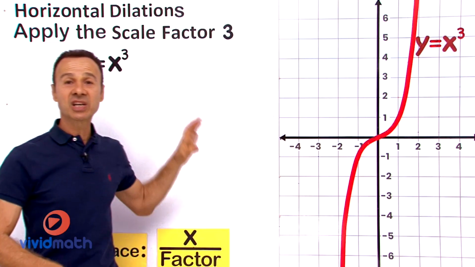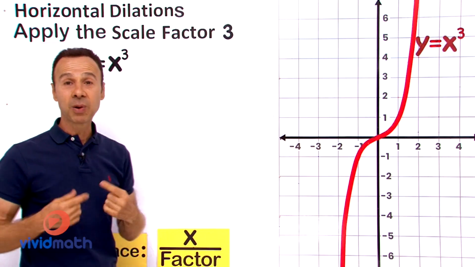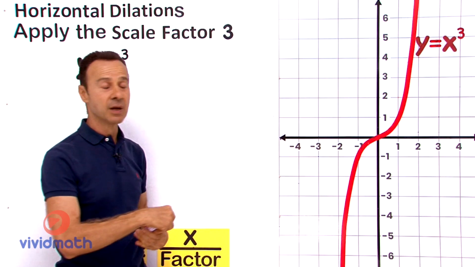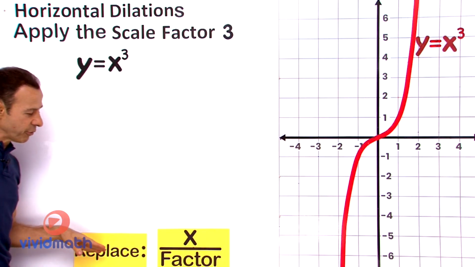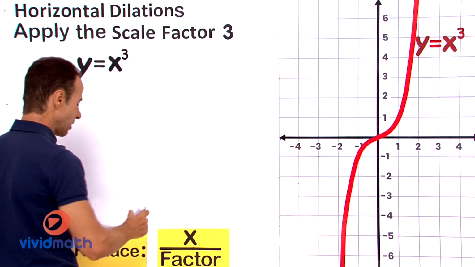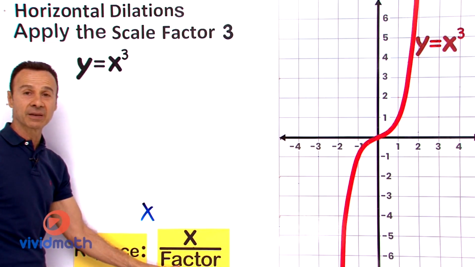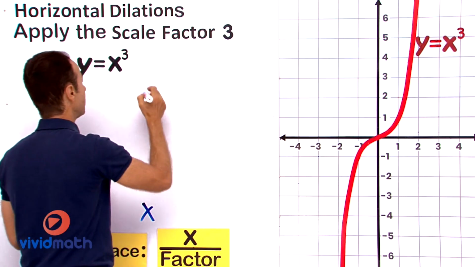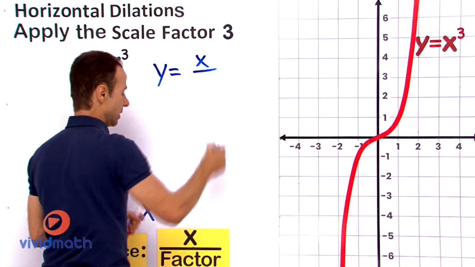But first, let's actually write up the function of what it's going to be written as when we apply the horizontal scale factor of 3. So here's how we do it. We're going to use this system here, where we replace the x value up here, x gets replaced for x over the scale factor. So that means this is going to become y now equals x over the scale factor.